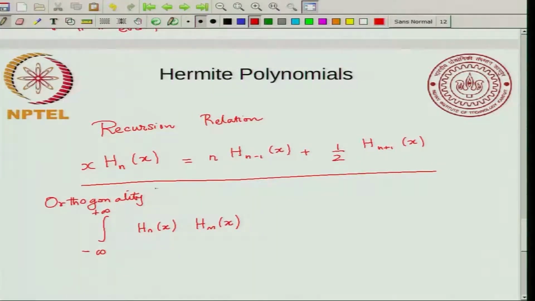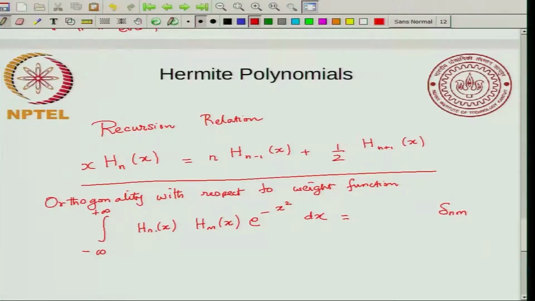What is important is these are orthogonal with respect to a weight function. And what is the weight function? The weight function is e to the minus x square dx. This is a property of the polynomial. Notice the range of integration is minus infinity to plus infinity. So this is some constant multiplied by delta nm.